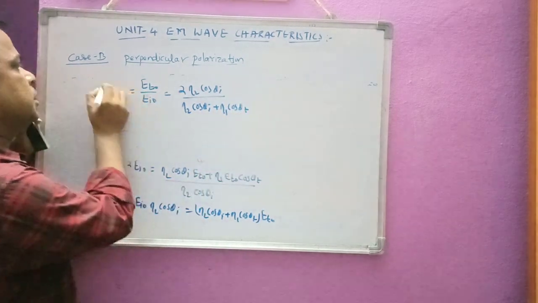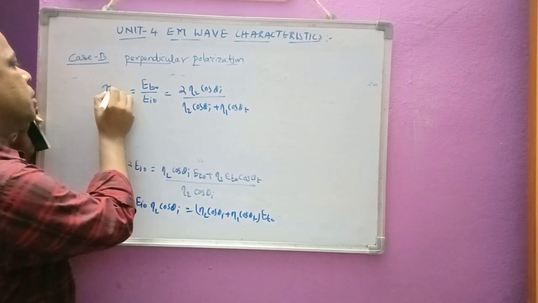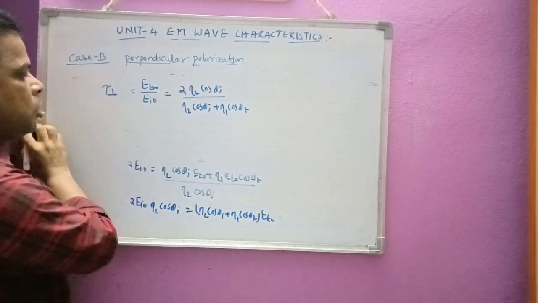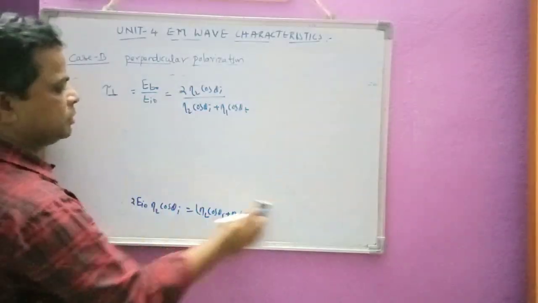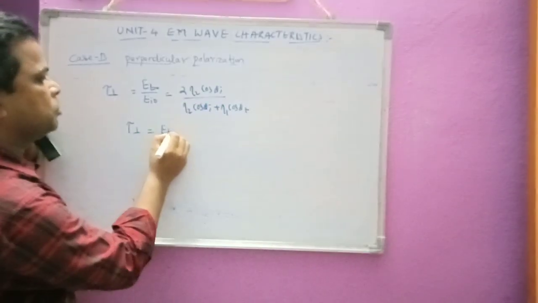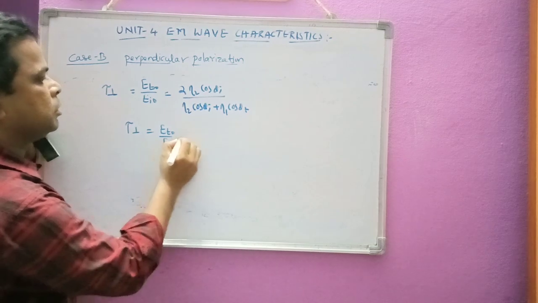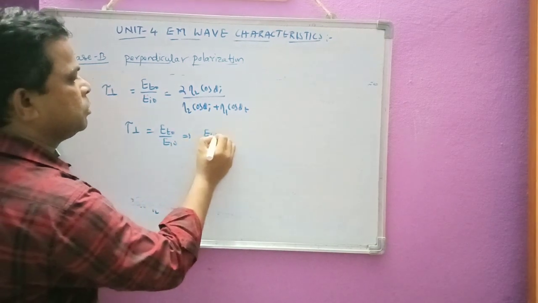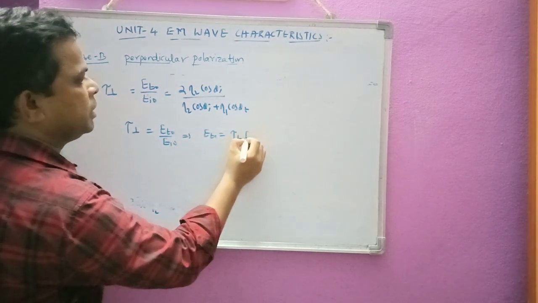So this is the equation for tau perpendicular. So tau perpendicular is equal to ET0 to EI0, that is I can write here as ET0 is equal to tau perpendicular into EI0.